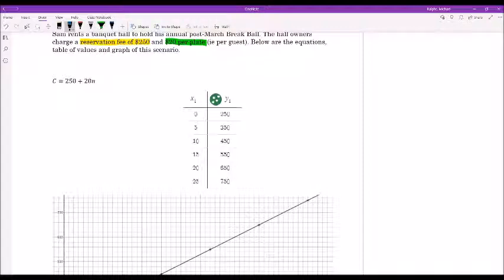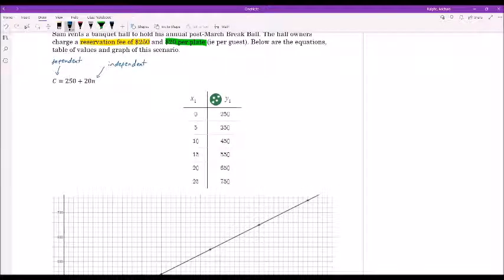The total cost is dependent on the number of guests that arrive, which is whoever we choose to invite, or the number of guests who agree to go to this ball. That is the independent variable.